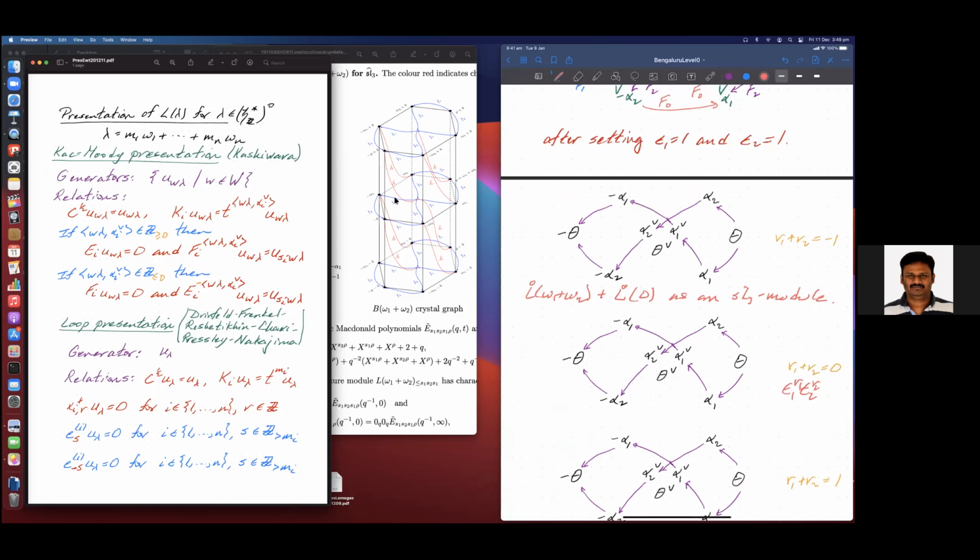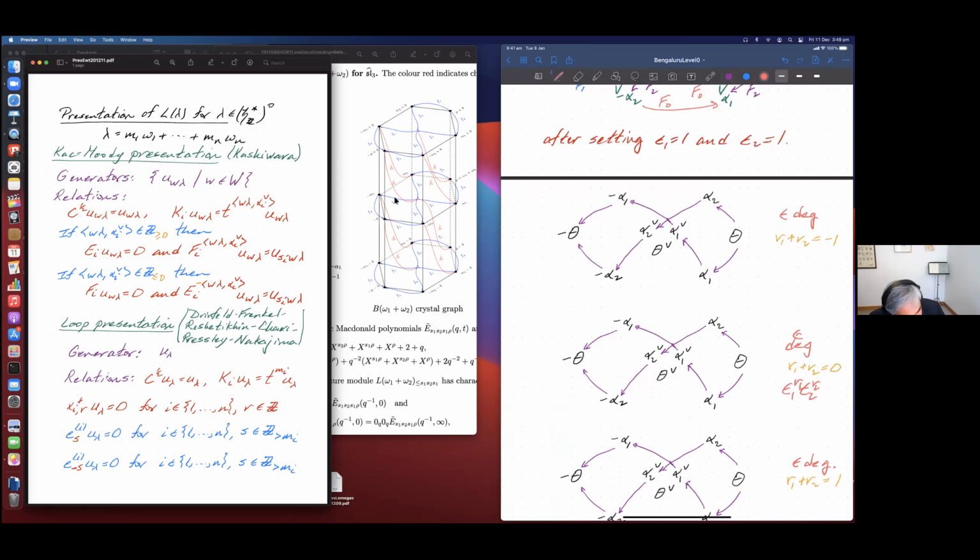Okay, so let's draw the picture of what this looks like in this infinite dimensional setting. So what I'm doing is I'm keeping track of the degree in epsilon. So this is the epsilon degree. So epsilon degree 0, epsilon degree -1, epsilon degree 1. And then this action of the red edges goes like this.